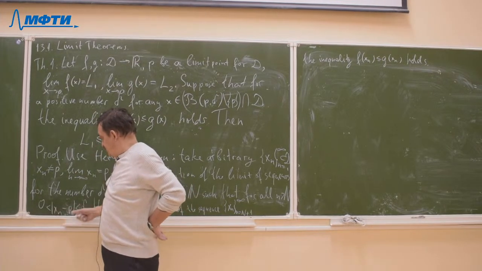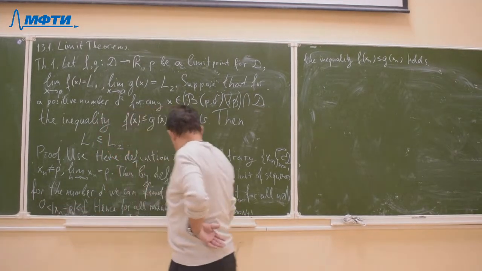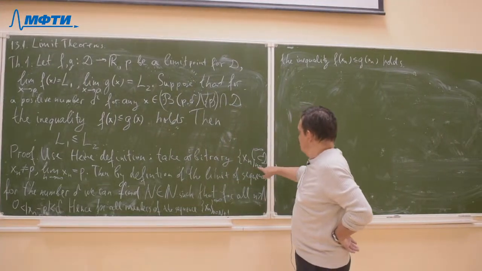Look, what does that inequality mean, together with xn in D?